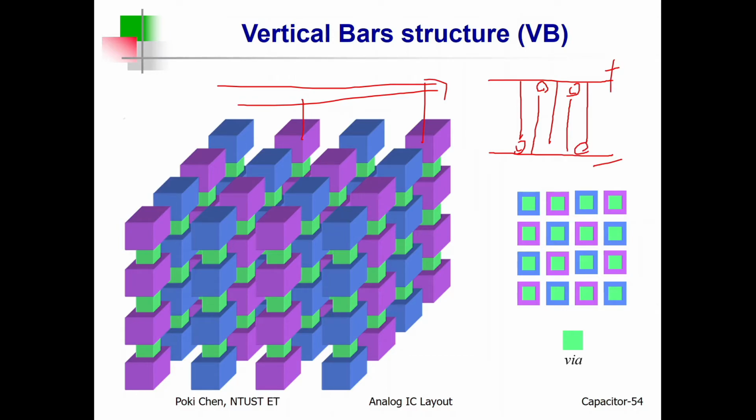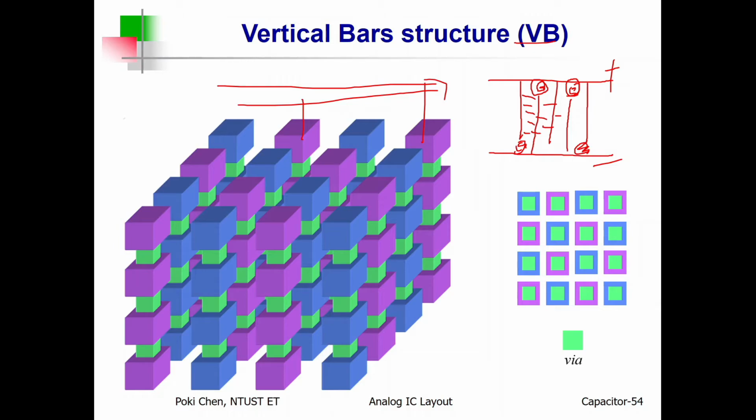Then you still have some vertical flux here, here, here, and there. Not all of them depends on vertical flux. It will cause some problem for vertical bars. Why? Again, vertical flux is no good for matching. Okay, and also it doesn't scale with process evolution.